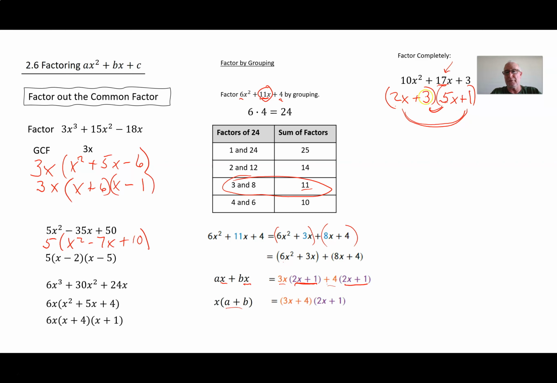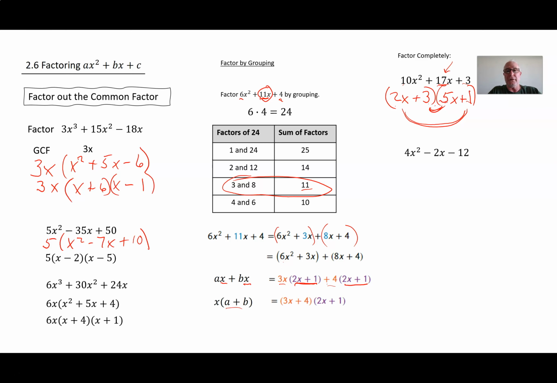Because the first term's 2x times 5x is 10x squared. The last term's 3 times 1 is 3. And then inside and outside, 15 and 2 is 17. So even if we try a couple things and we have to erase, it's still going to be a lot quicker than making a table and rewriting and grouping and factoring.